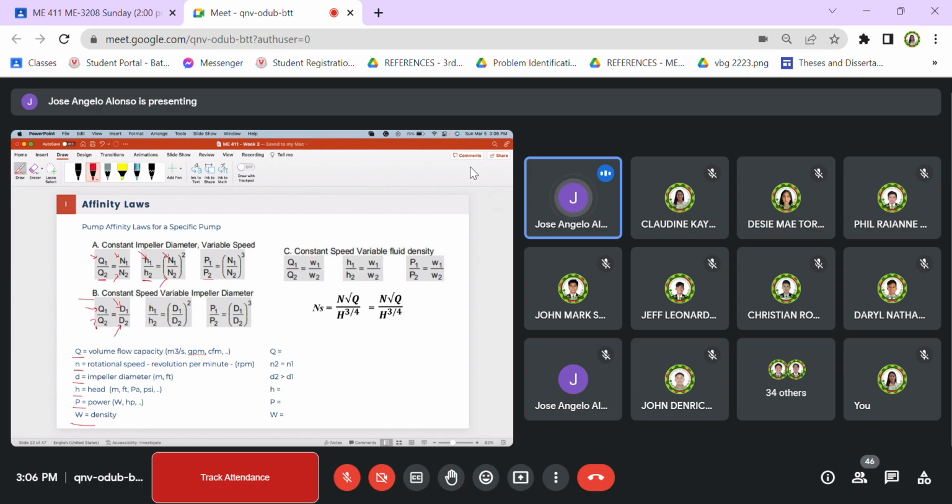One equation, one unknown, we can solve this one. Same goes kapag kinuha natin si head and same goes kapag kinuha natin si power. As long as we have the initial condition, given yung initial condition, existing condition ng pump, so magdidepende na lang kung babaguhin ba yung ating impeller diameter o yung motor speed natin dito.